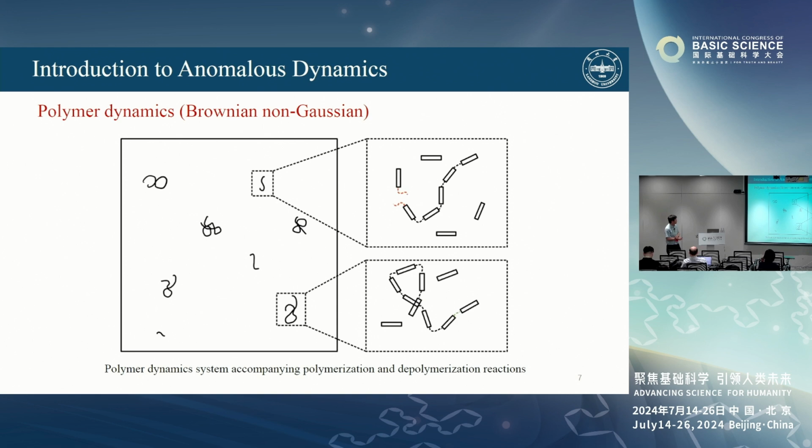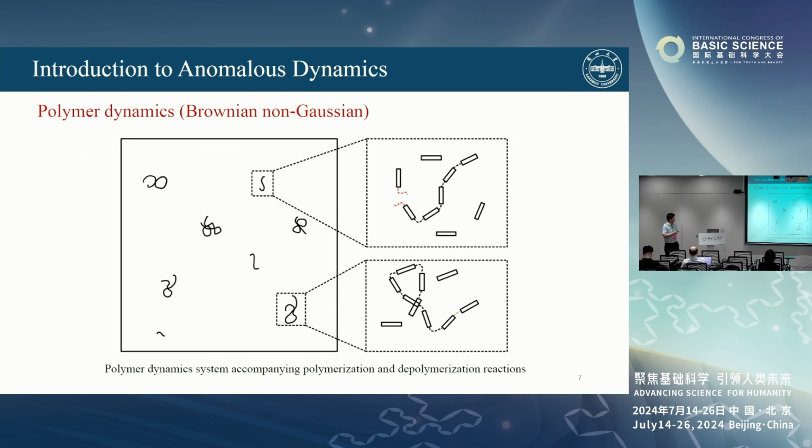Mathematically, generally we cannot predict this kind of phenomena, but in experiments we can observe this, called Brownian non-Gaussian motion. So based on this kind of phenomena, we try to build models to describe it.